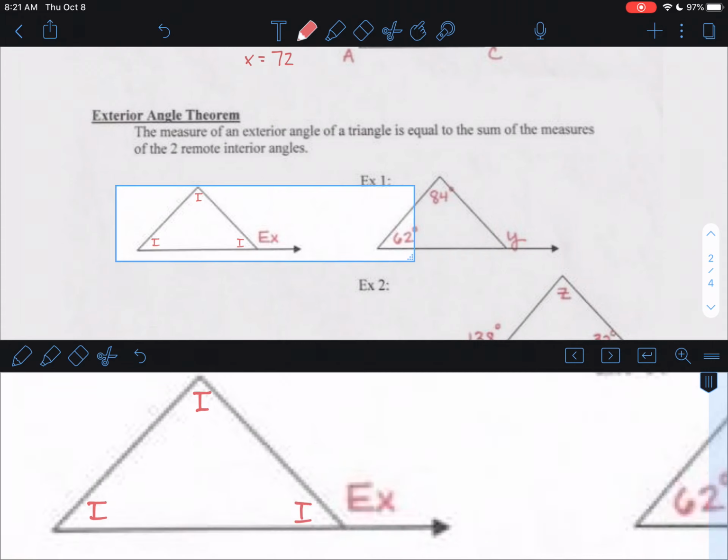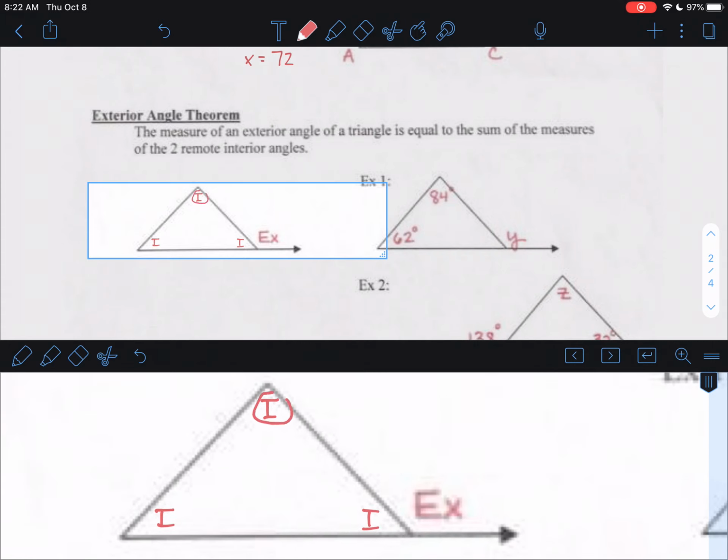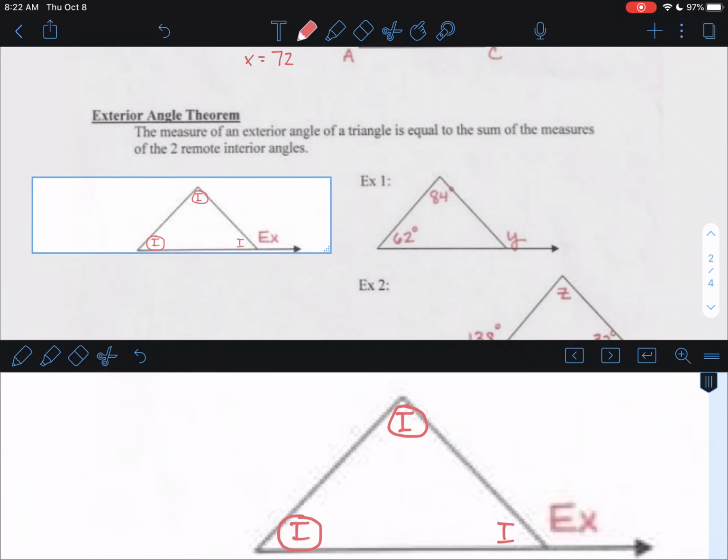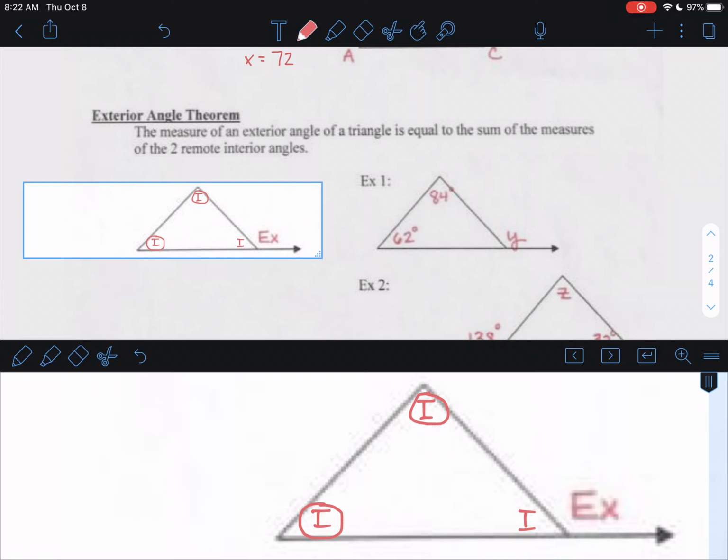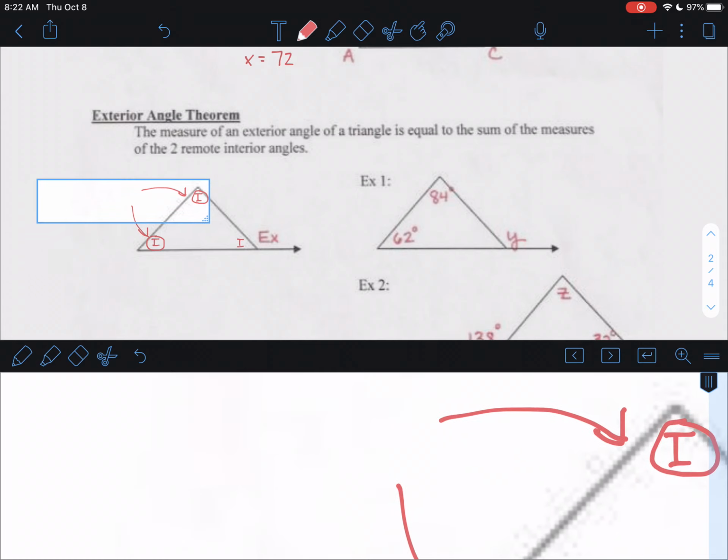But my two remote ones are going to be this one and this one because they aren't touching the exterior angle. These are my remote interior angles.